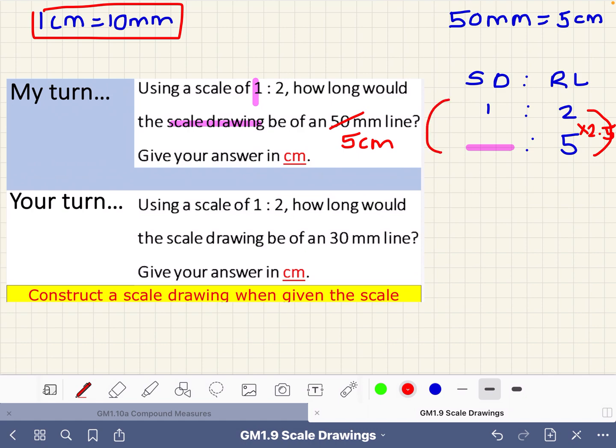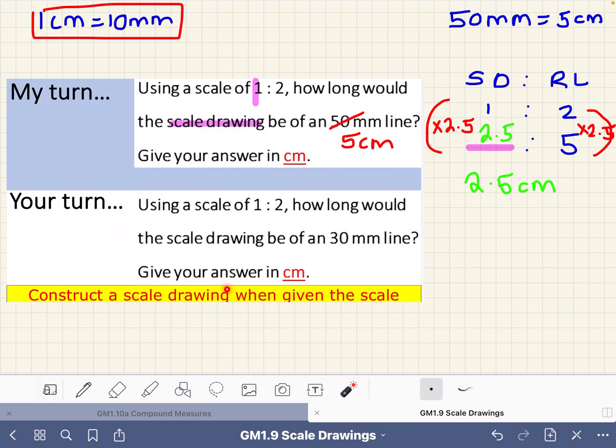That means we would also need to multiply this side by 2.5. 1 multiplied by 2.5 gives us 2.5. Therefore, our scale drawing would be 2.5 centimetres to represent this 50 millimetre line.